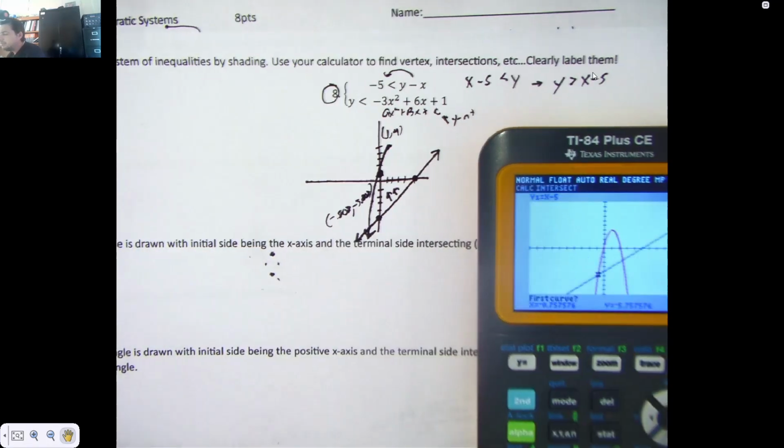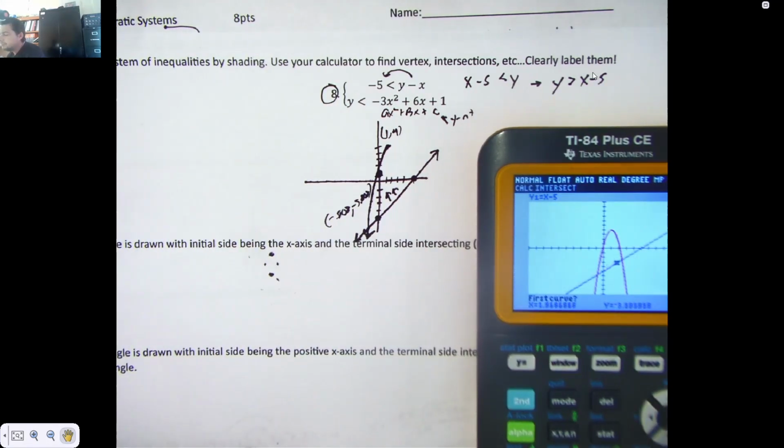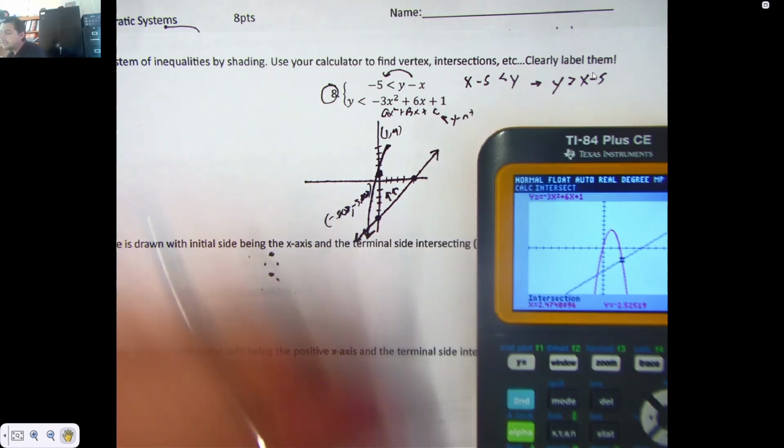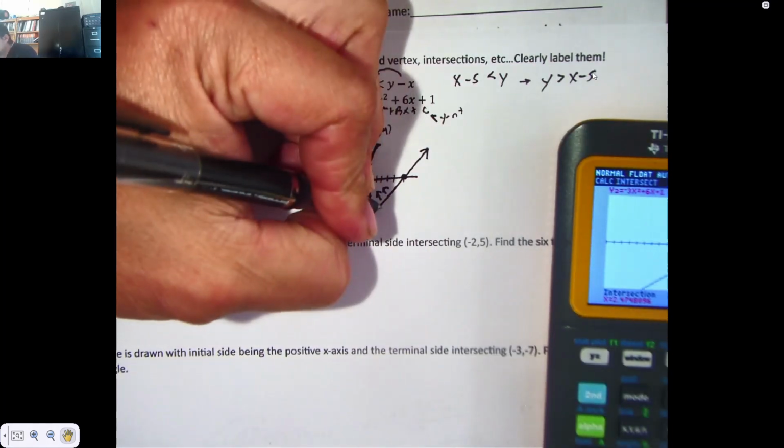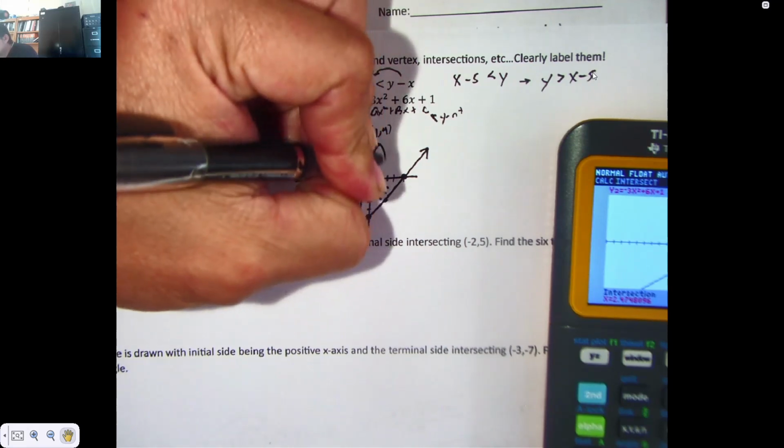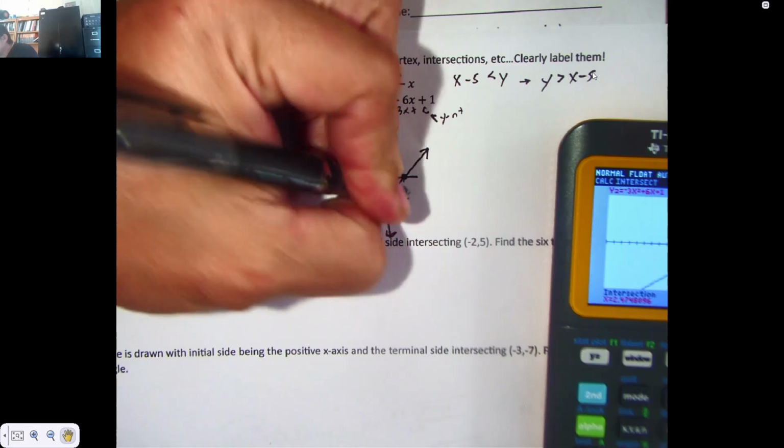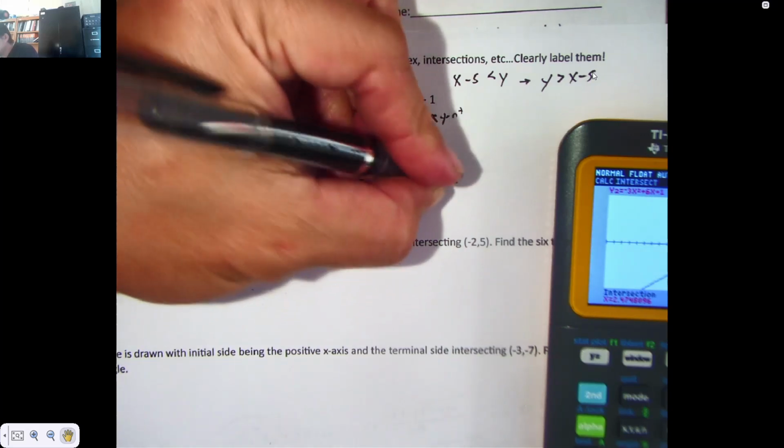Second trace 5, get the other intersection, enter, enter, enter. And that one's at 2.475, negative 2.525.